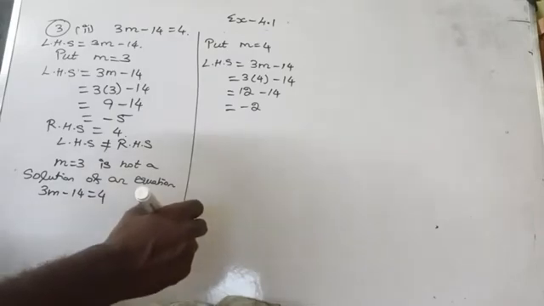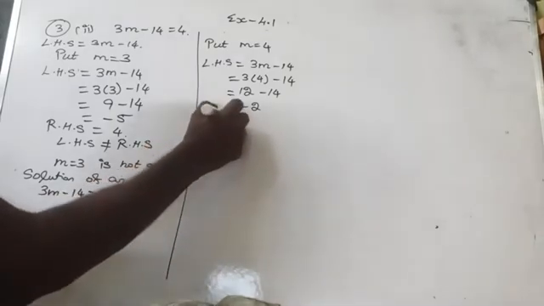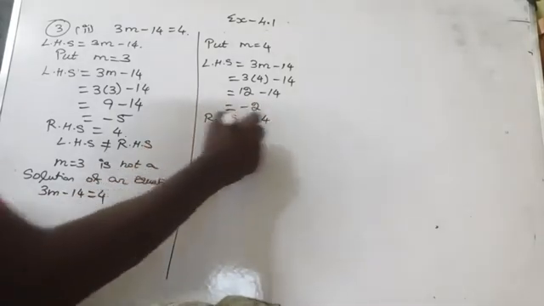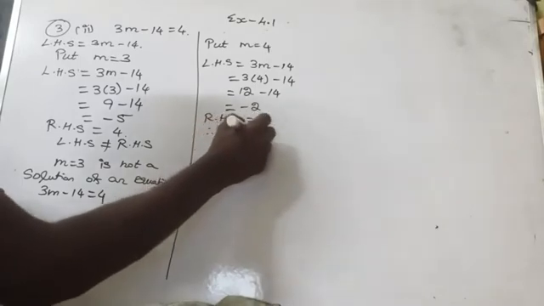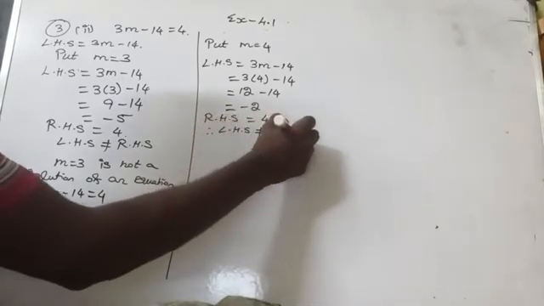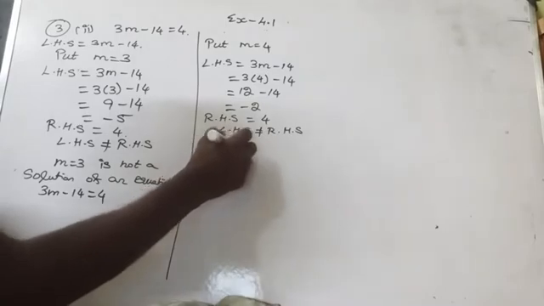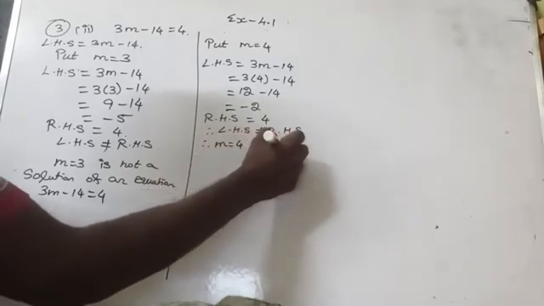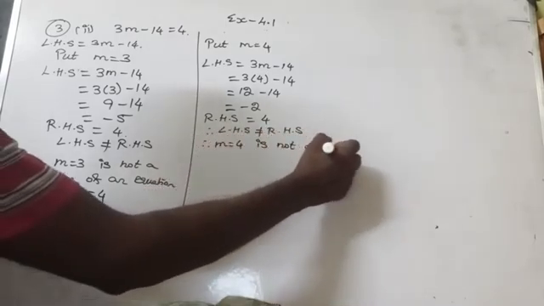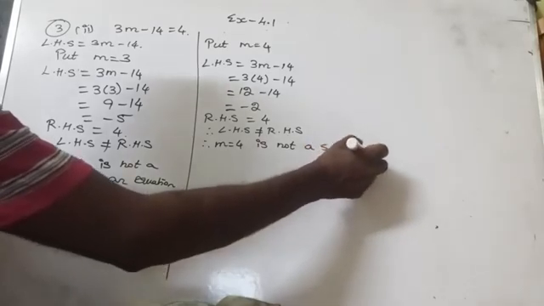Minus 2. But on the right hand side we have 4. So the left hand side is not equal to the right hand side. Therefore, m equal to 4 is not a solution of the equation.